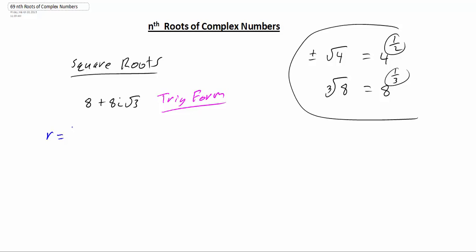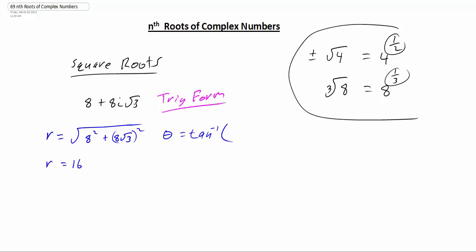We can find the r value by taking the square root of 8 squared plus 8 square root of 3 squared, and then simplifying. This turns out to be equal to 16.